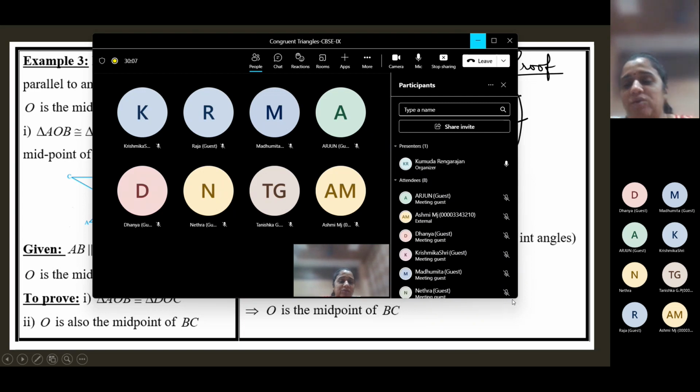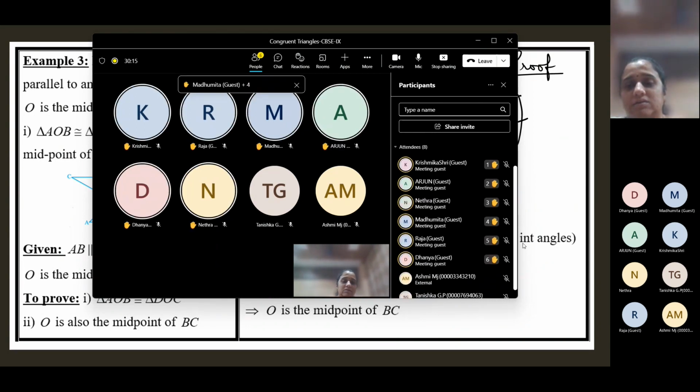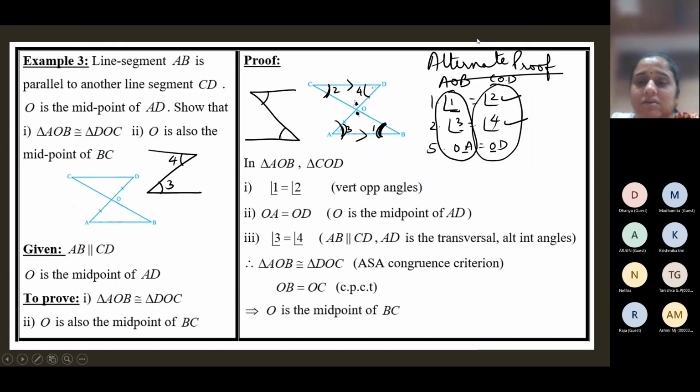Class, use the emoji. Raise your hand. Rishmika, Shri, Arjun, Netra, Madhumita, Raja, Dhanya, Tanishka, and Shri Jana. Are you there? Yeah, he's there. Now, children, what happened? Which is the included side for angle 1 and angle 3, children?